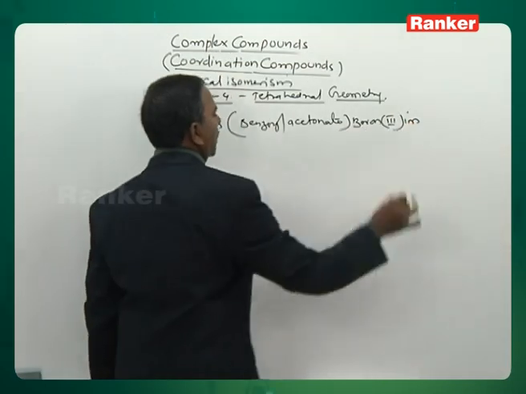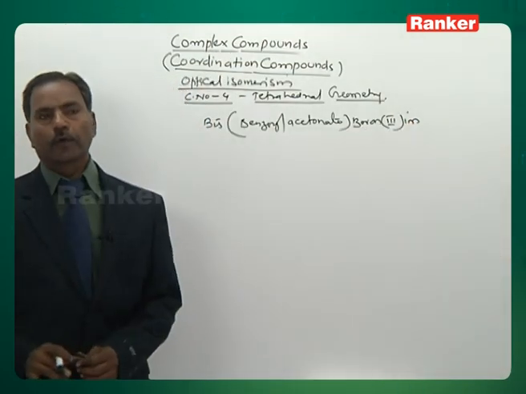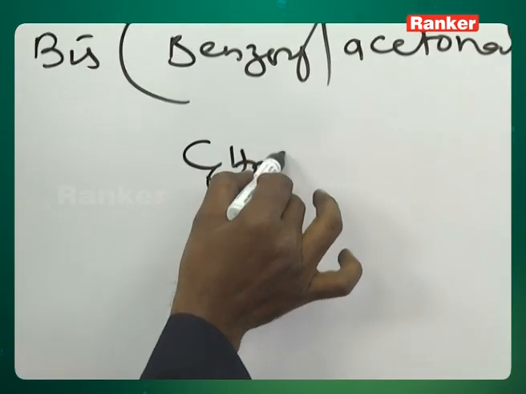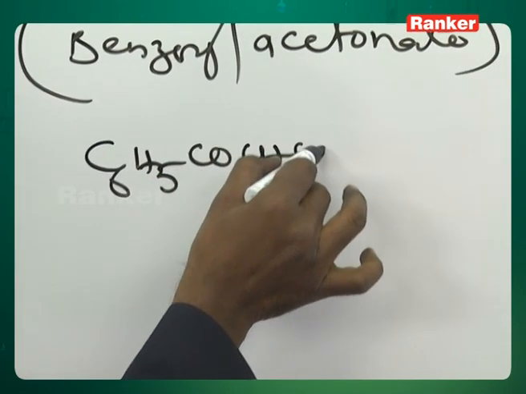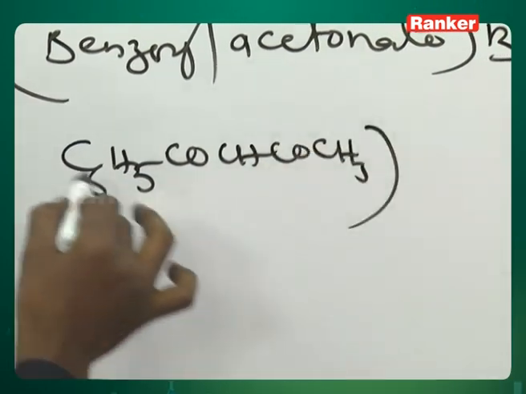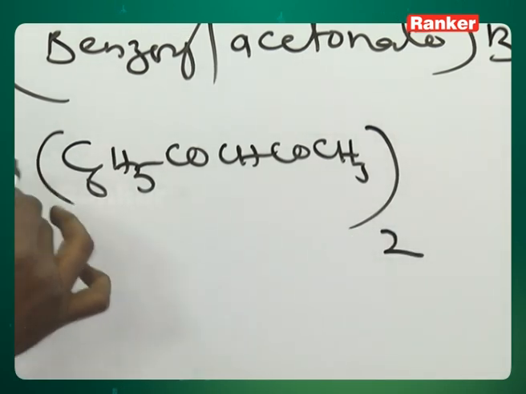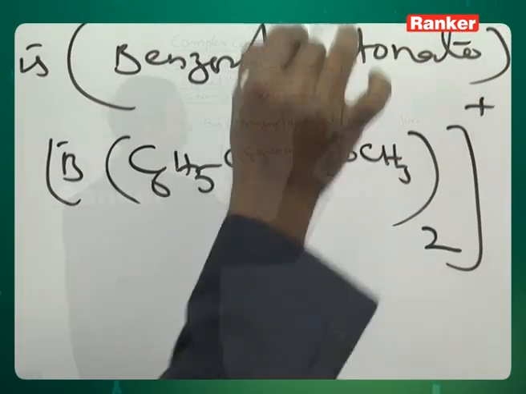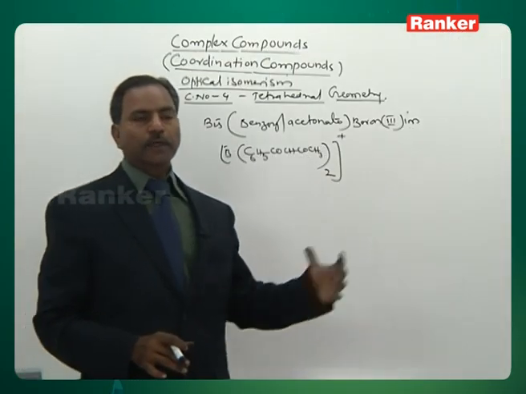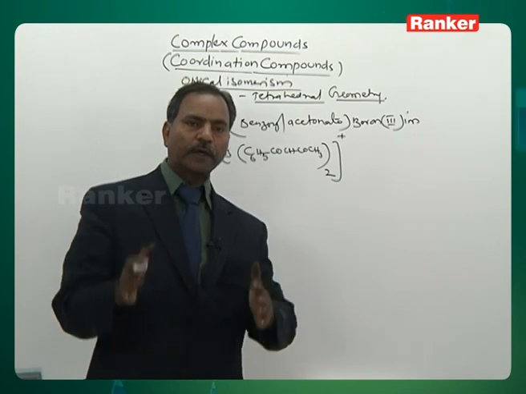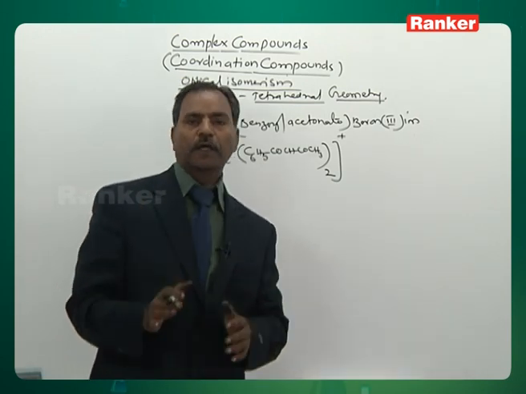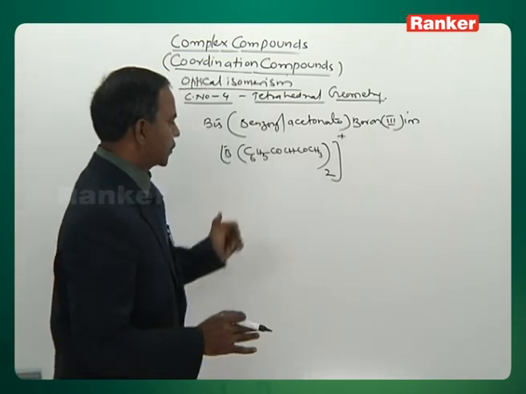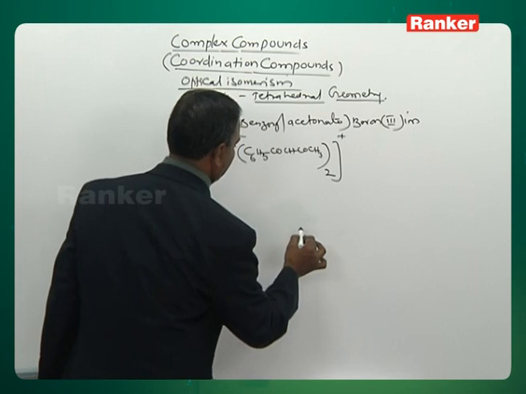Now, I am writing the formula: C6H5CO CHCO CH3 taken twice, boron. This is the complex with a plus charge over it. This complex will have tetrahedral geometry, and I will show how it is optically active. A little typical to write, but I will show on the board clearly. Look at the board.